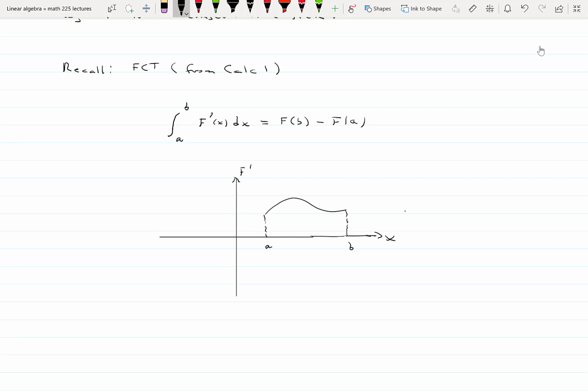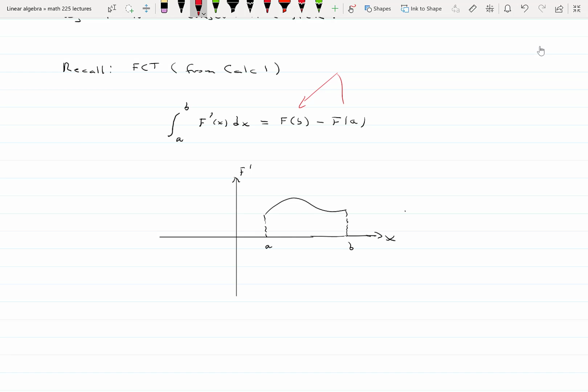That integral, that area, doesn't depend on the behavior of the function between a and b. It just depends on the endpoints. The integral depends only on the antiderivative at the right-hand endpoint minus the antiderivative at the left-hand endpoint. This is extremely important.